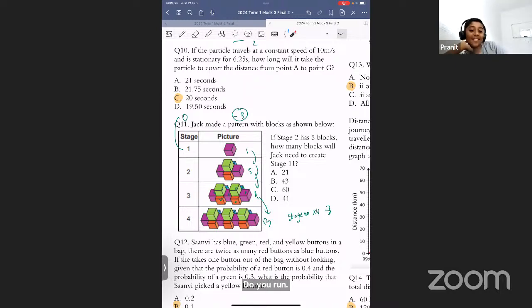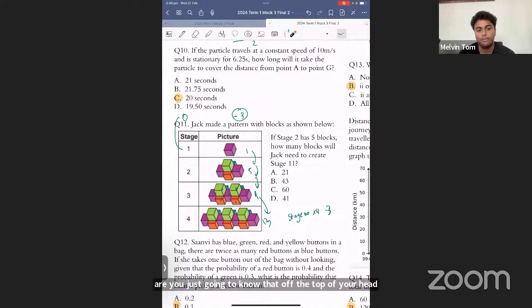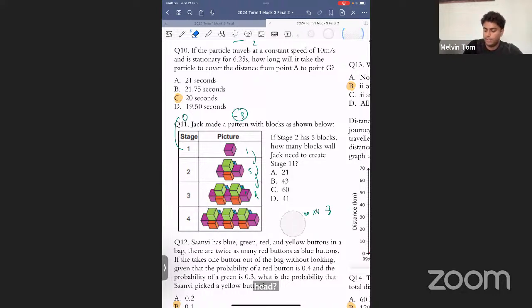Melvin, I have a question about 11. How are you going to know the formula of the stage number times 4 minus 3? How are you just going to know that off the top of your head? Good question. You don't know it off the top of your head. You'll actually learn the proper way of doing this in year 9.